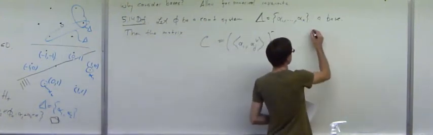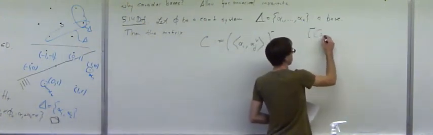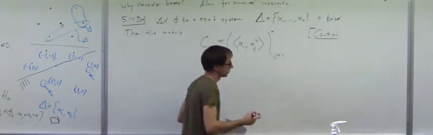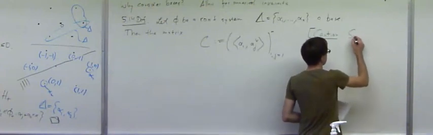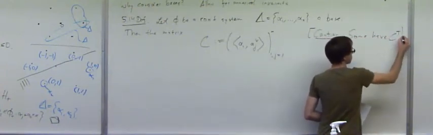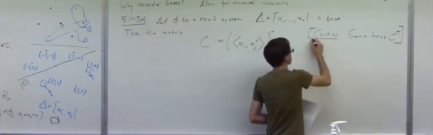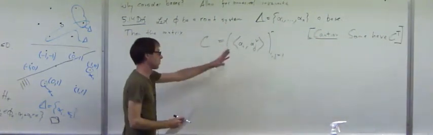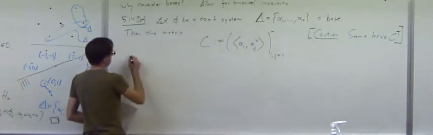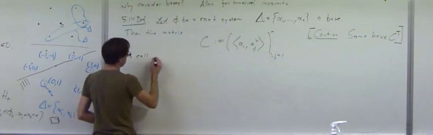Just as a remark, this really depends on the text you're reading. Some have the transpose. So I just picked one of the two conventions now. This matrix is called the Cartan matrix.